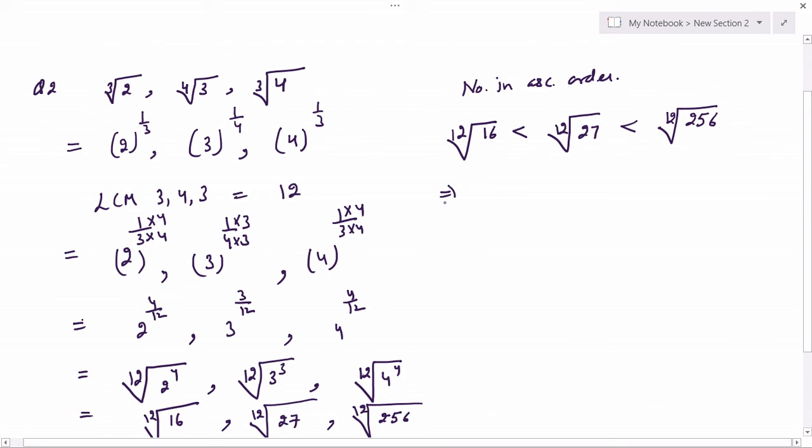Okay, now you can convert this to the original form: cube root of 2, fourth root of 3, and cube root of 4, and this is the answer. I hope you understand all these questions.